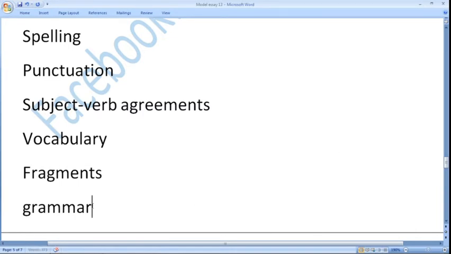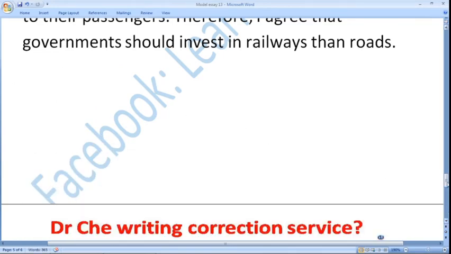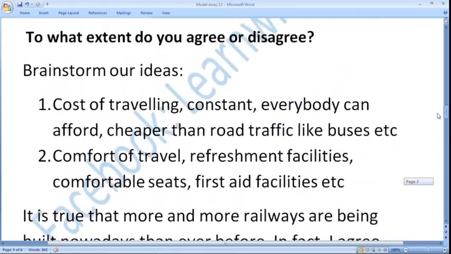You should know about your own writing ability. Then we are going to proofread.